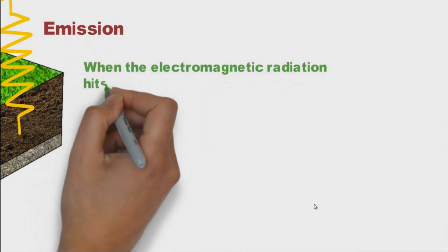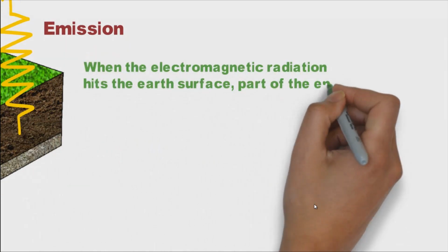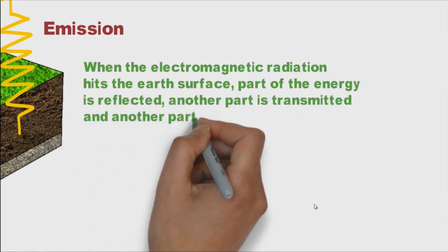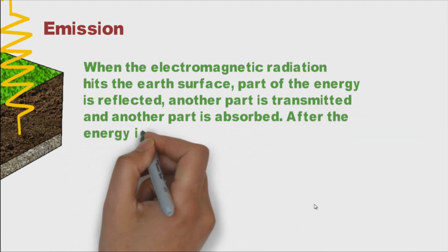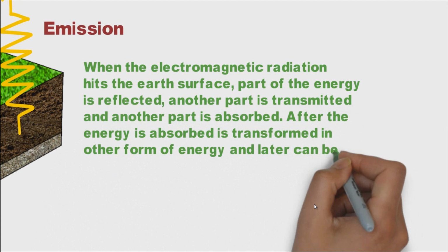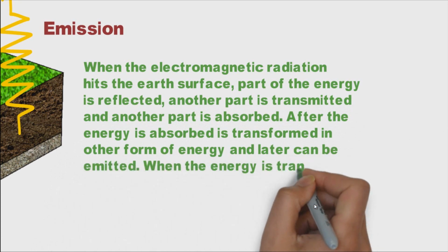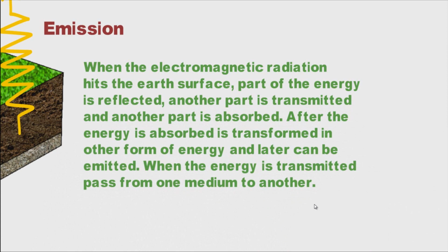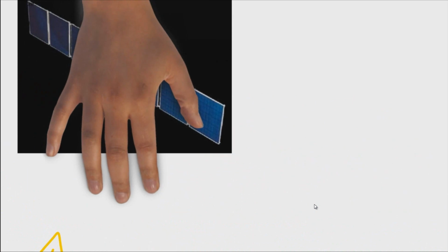When the electromagnetic radiation hits the Earth's surface, part of the energy is reflected, another part is transmitted, and another part is absorbed. After the energy is absorbed, it is transformed into another form of energy and later can be emitted also. When the energy is transmitted, it passes from one medium to another medium, and then also could be reflected.